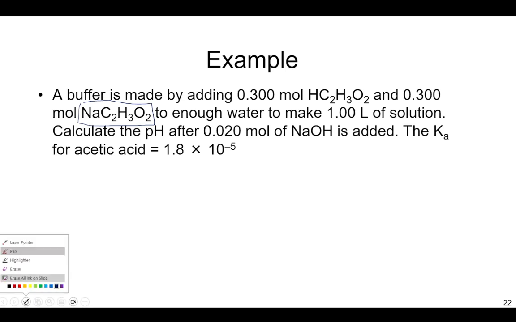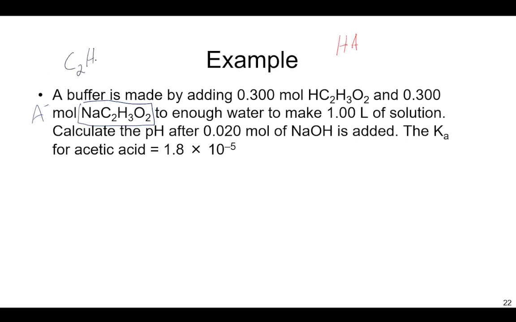Right, so in my sort of parlance of just thinking about one of these things in a buffer as being HA, that is the HC2H3O2. And the A minus here, the base is NaC2H3O2. And in reality, Na is a spectator ion, and so this really is just thought about as C2H3O2 minus.